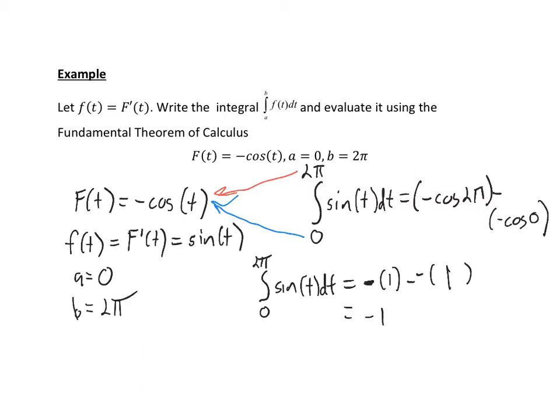So I've got negative 1 plus 1. The area under the curve of sine of t from 0 to 2 pi is actually 0. And that's because you have that loop that's above the axis until you get to pi, and a symmetrical loop below the axis until you get to 2 pi. So this definite integral is actually just 0.